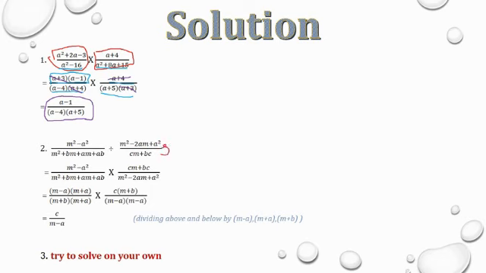So in this case, our numerator is m squared minus a squared, and our denominator is m squared plus bm plus am plus ab. Whew, that's a lot. And our next fraction is m squared minus 2am plus a squared over cm plus ab, and we're actually going to invert that fraction, okay?